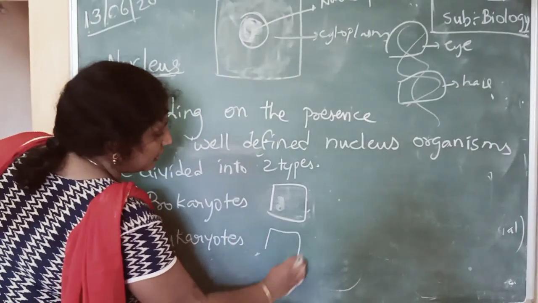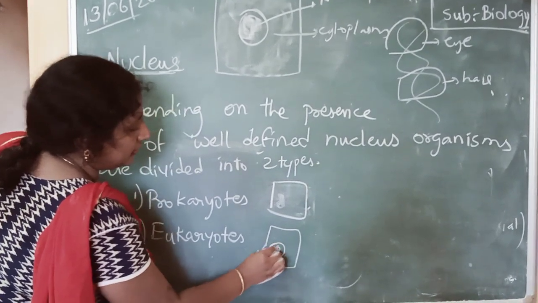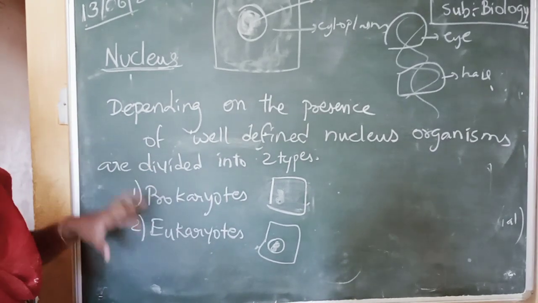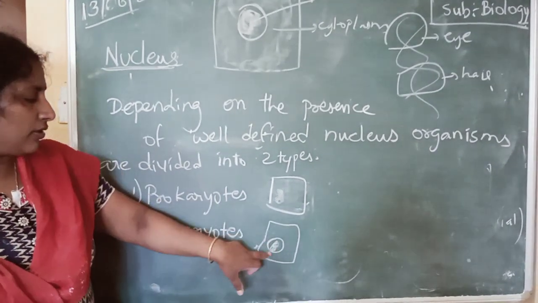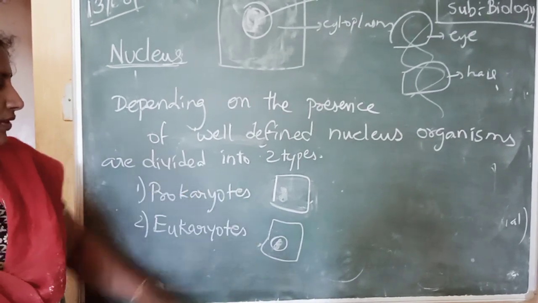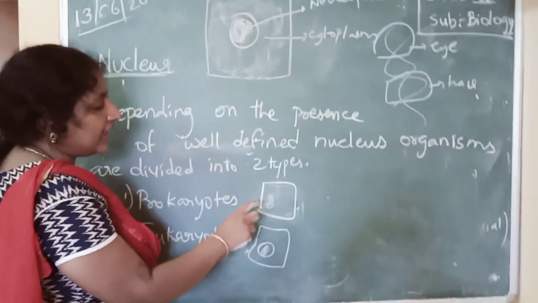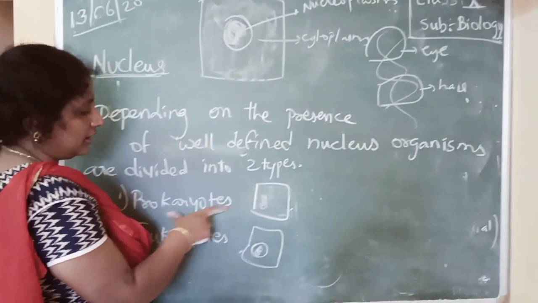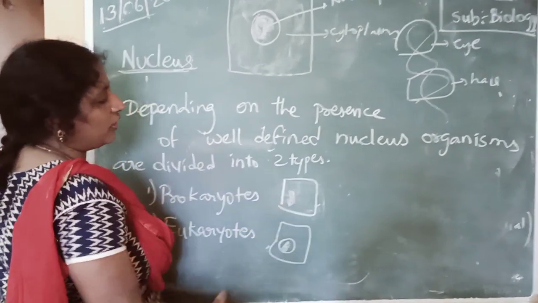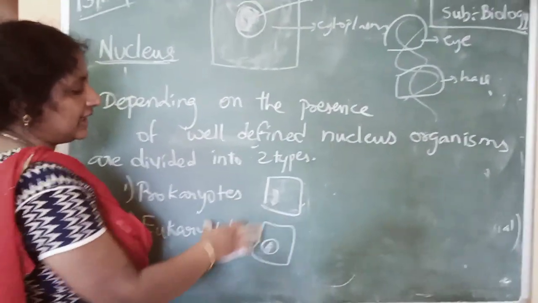In eukaryotes, you have a special well-defined organelle, where the genetic material is bounded by the membrane. You have a well-defined clear structure in eukaryotes. In prokaryotes, we don't have a special clear ball-like structure. The genetic material is present in a loose form. So you don't have a nuclear membrane or nucleolus in the prokaryotes.